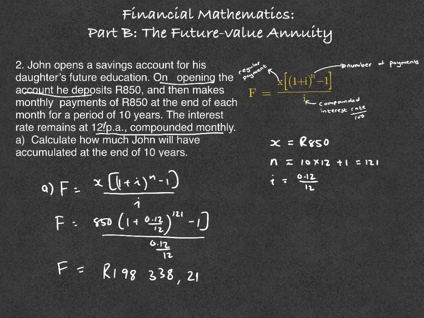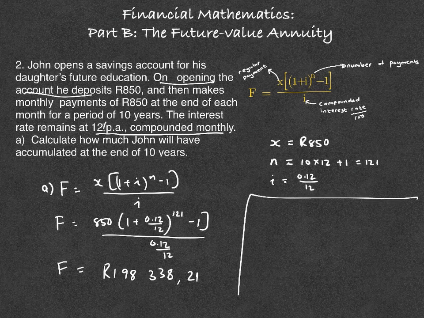The second part, B: calculate how much interest was earned. In other words, if he didn't deposit the monthly payments into an annuity, if he dug a hole somewhere and just put the money in there, what's the difference between those two scenarios?